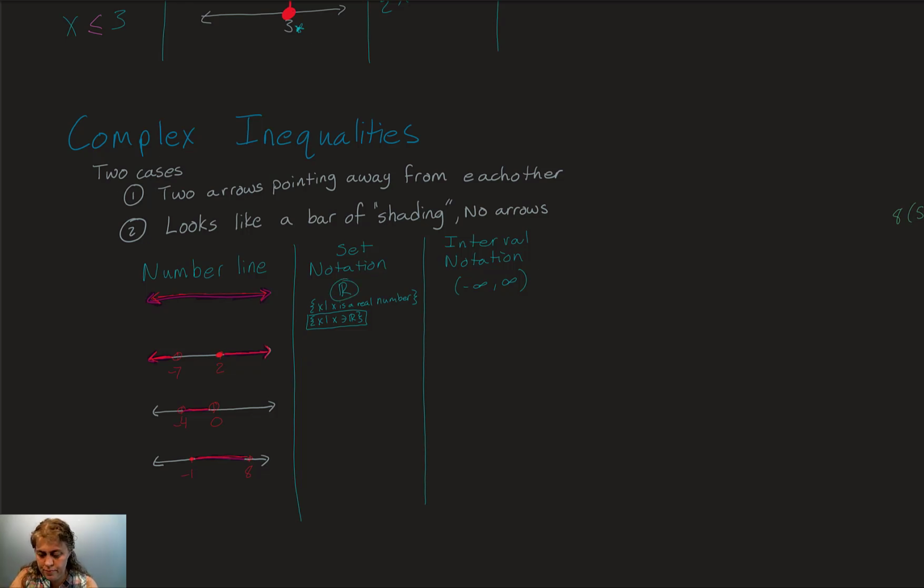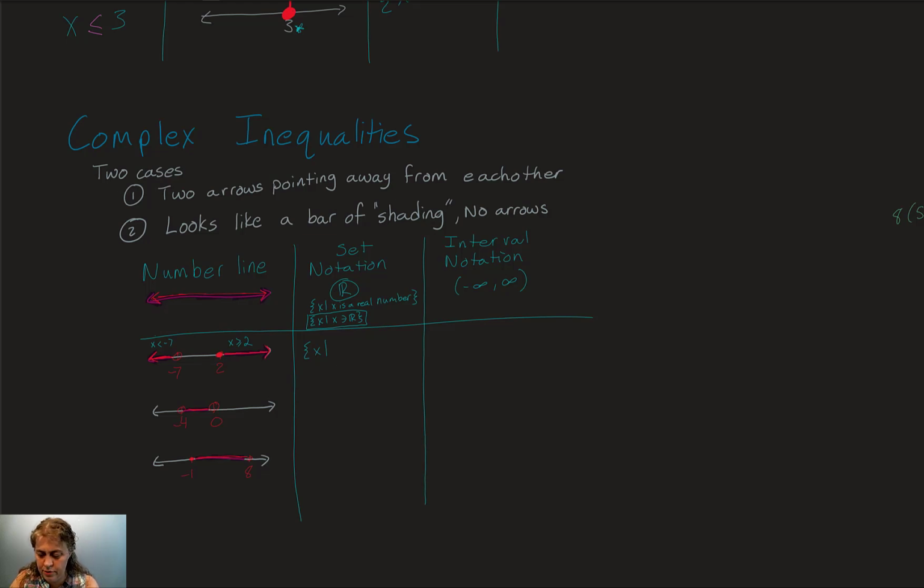All right, so next one, we want x such that, and I want to look at each of these inequalities individually. So over the first one, I've got x is less than negative 7. And over here, I have x is greater than or equal to 2.